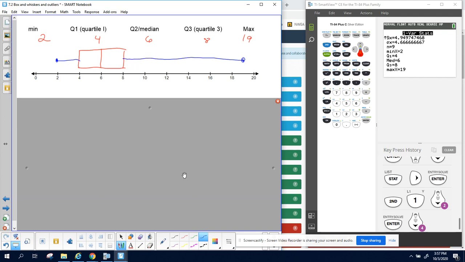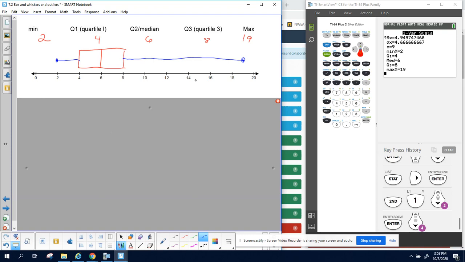We also talked about skewed left and skewed right. Now, the box itself makes it appear that the mean and the median would be the same number, 6. Because this whisker is much longer on the right side than the left side, this one would be called skewed right.